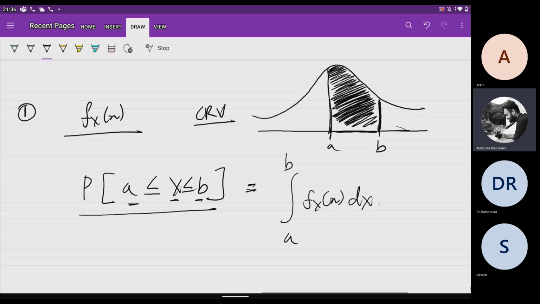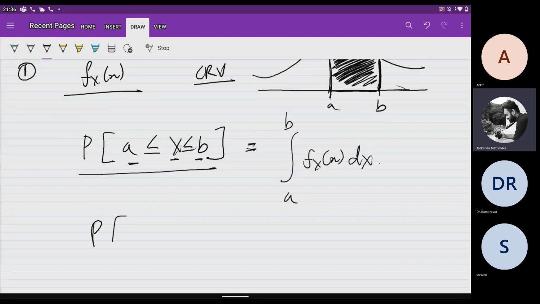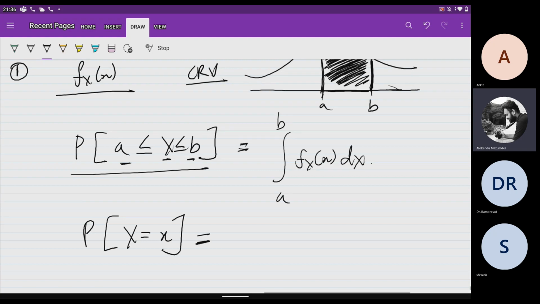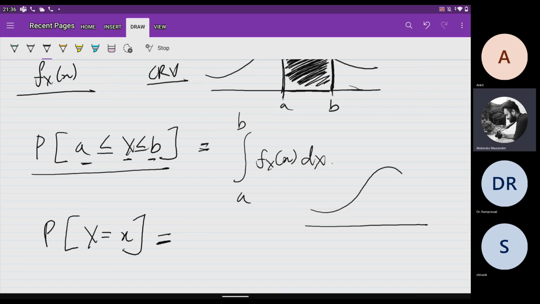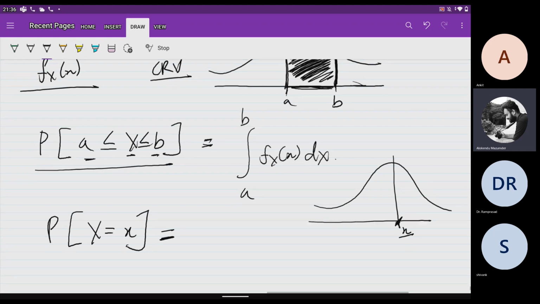Now, can anyone tell me, for a continuous random variable, what will be the probability at a particular point? We have talked about the interval, where the area of the interval computes the probability, but what about a single point? What will be its probability?